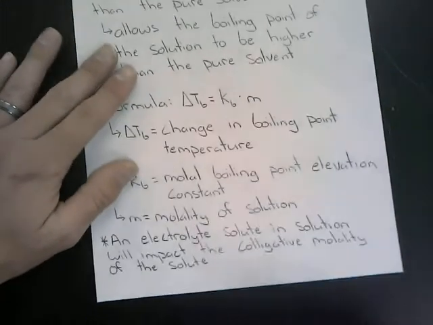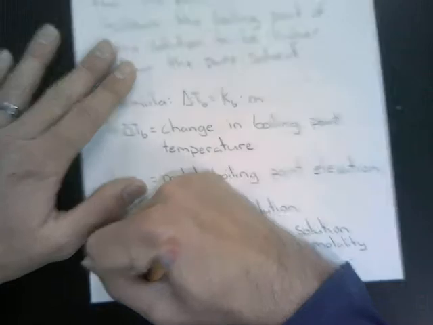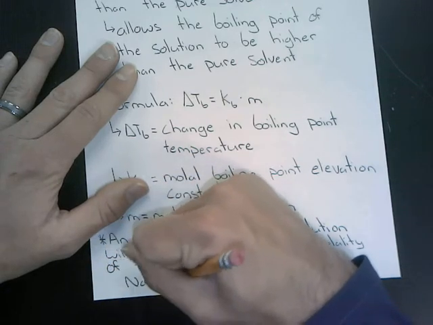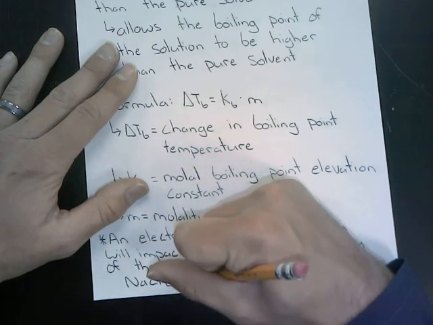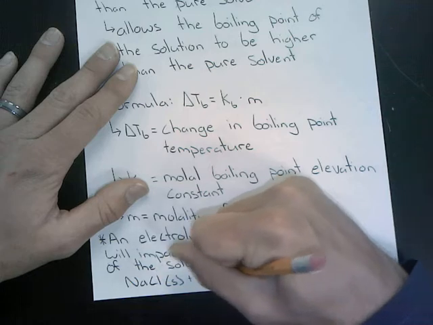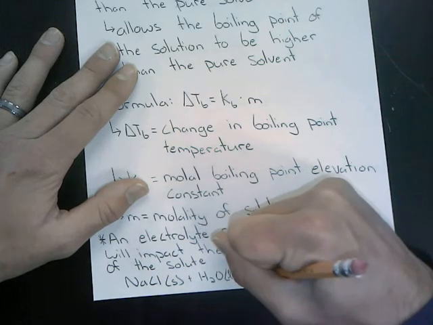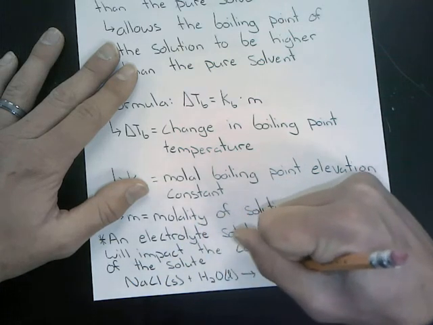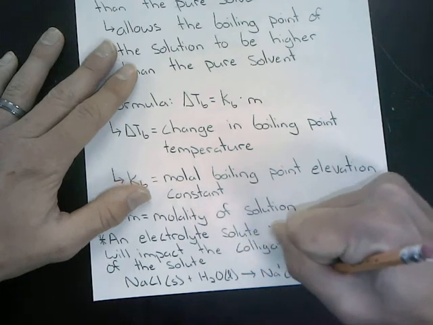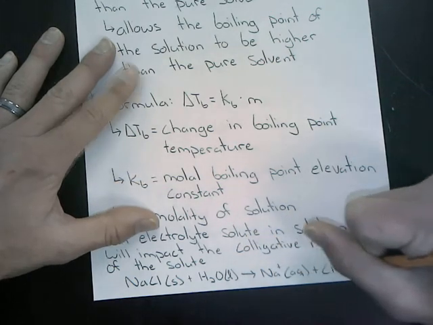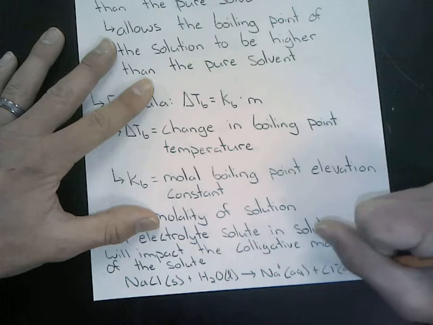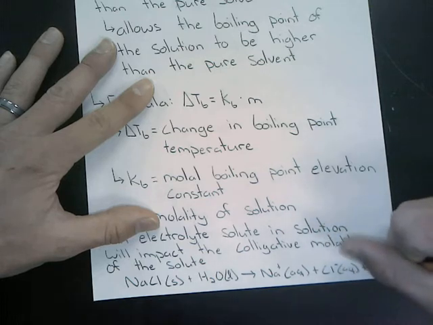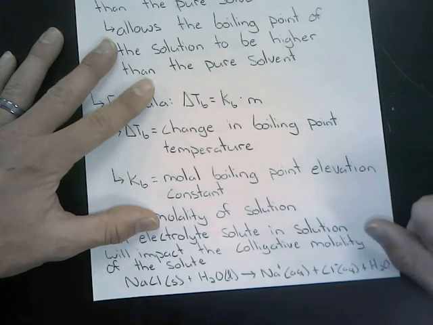So in our example, if we have solid sodium chloride dissolved in water, it breaks down into sodium Na+ ions and chloride ions, and of course we would still have H2O in that solution.